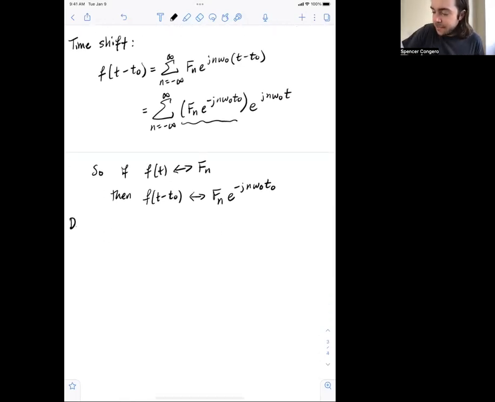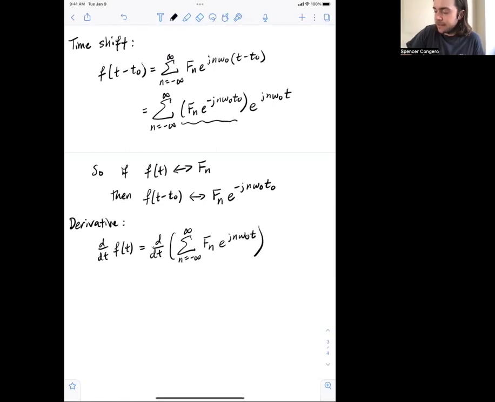Let's keep going. How about what happens when we take a derivative? How does that affect the Fourier series coefficients? Okay, so we're going to take the derivative, put the Fourier series representation in here. Now we're going to bring that derivative inside the sum. It turns out in general in math, you can't always do that, but for our purposes in this class, we can here.